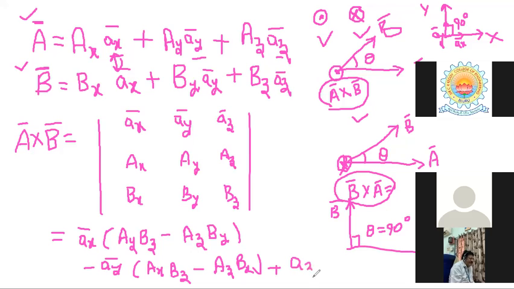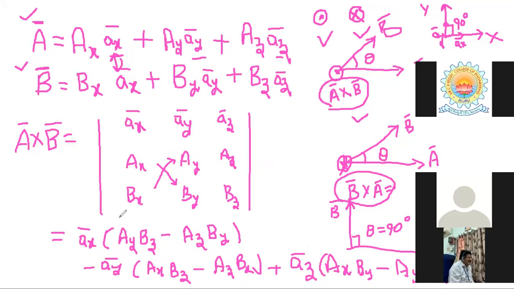The last term is simply Az bar into the determinant of this matrix, that is Ax By minus Bx Ay. So this is the final answer for the calculation of the cross product. This is not so easy when compared to the dot product.